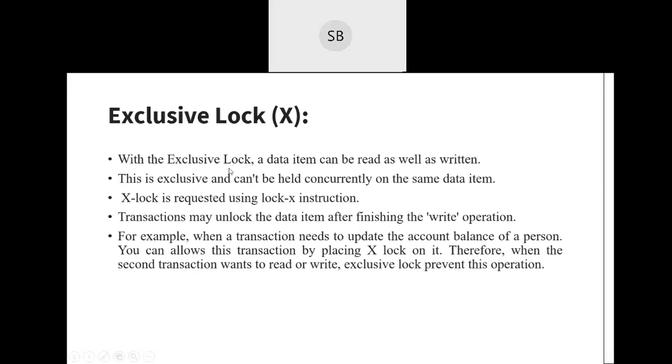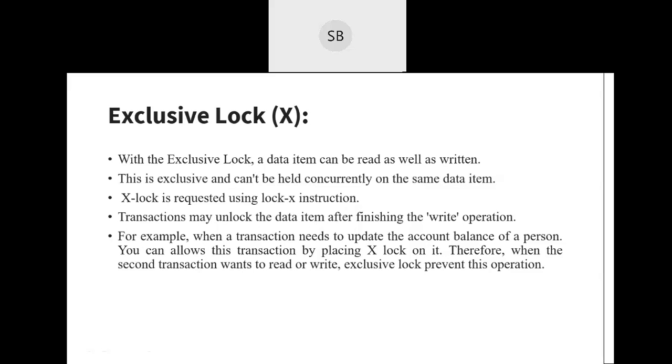So you have to first request the lock X instruction, and once it is granted, only then can you make the update. Initially we have the shared lock, and then when you want to make changes, you have to request the exclusive lock. We write the instruction lock X, which means we are requesting it, and then we perform the update operation.